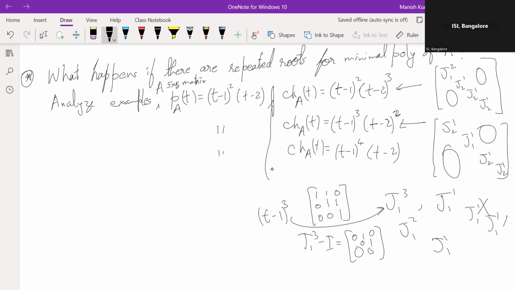Is that clear, how we got this? So this part is also ruled out, and then this fits in. Because J12 is annihilated by (t minus 1) square, and J11, of course, is annihilated by t minus 1 itself, and in particular by (t minus 1) square.